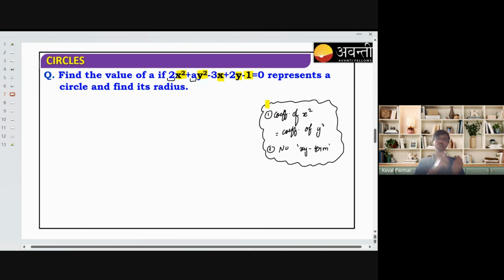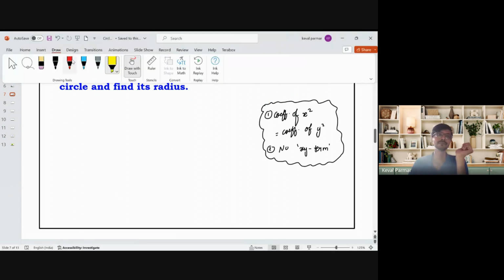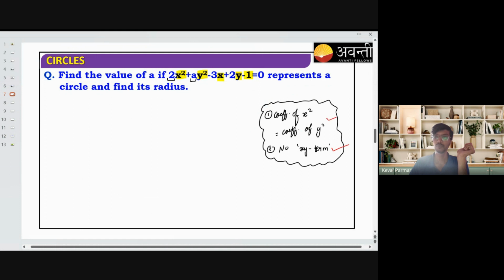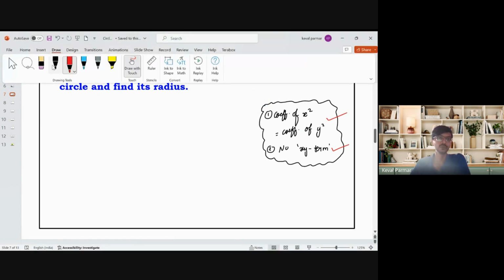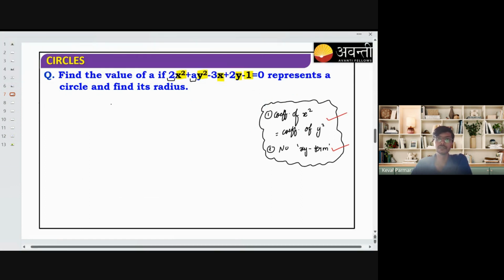Whenever there is no xy term, that represents the equation of a circle. So here we have to satisfy both of these conditions. We can equate the coefficient of x square and coefficient of y square. So simply 2 is equal to a. That means the value of a is 2.